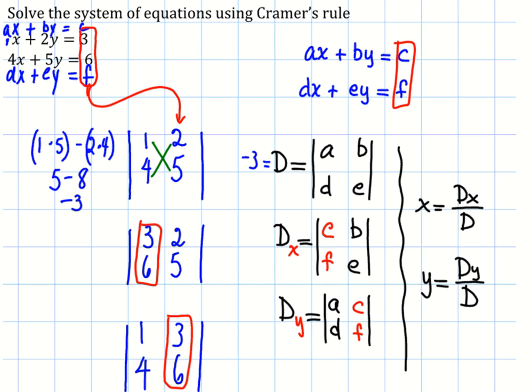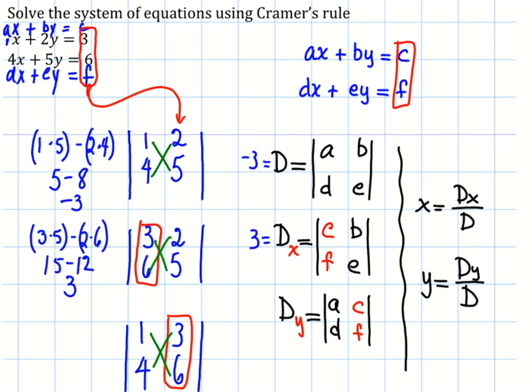I'm going to do the same thing for the next two. For Dx, I have 3 times 5 minus 2 times 6. That'd be 15 minus 12, which would be 3.